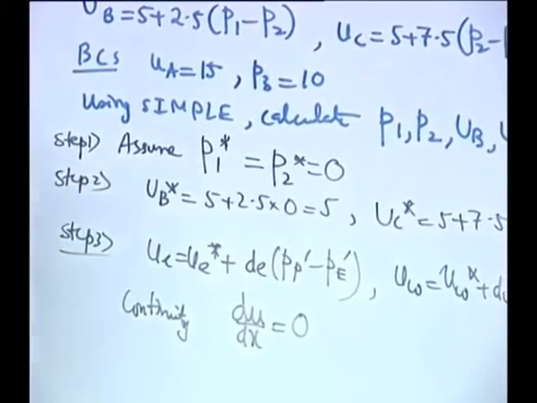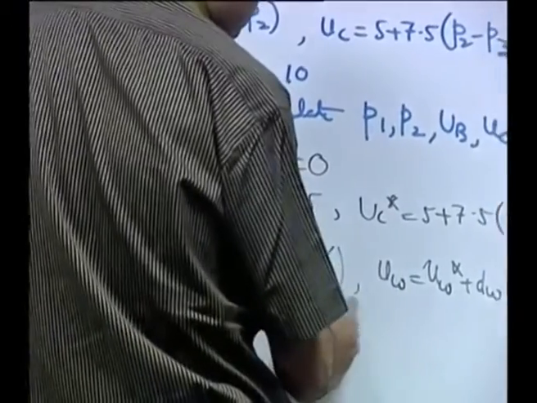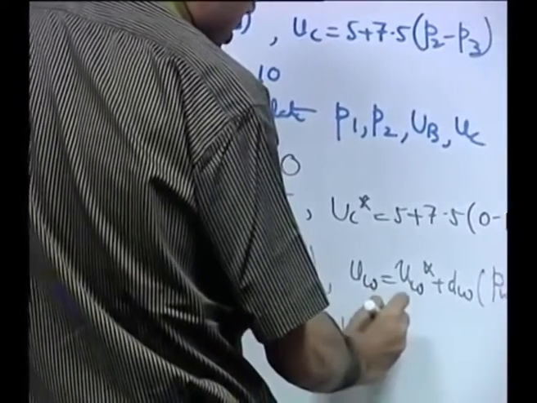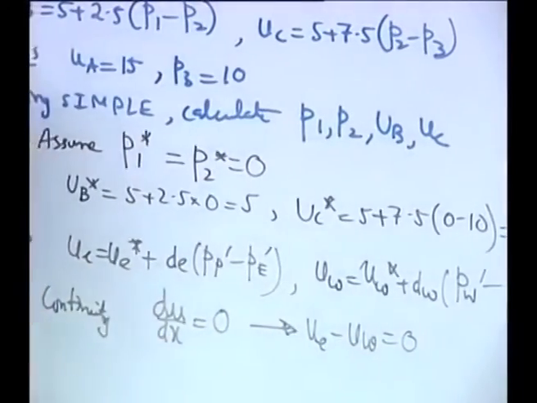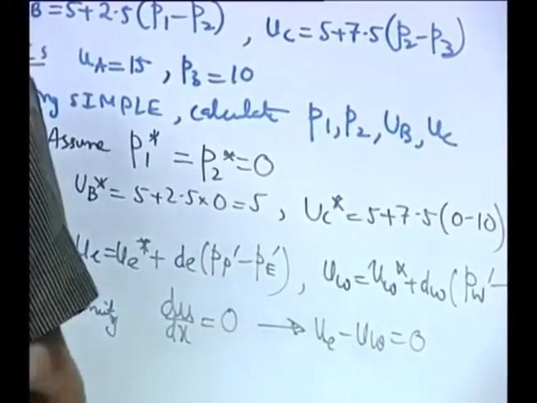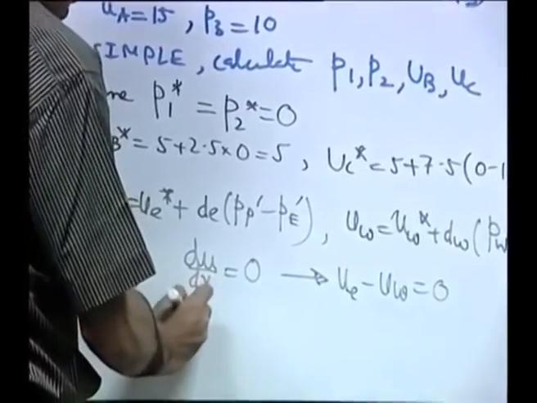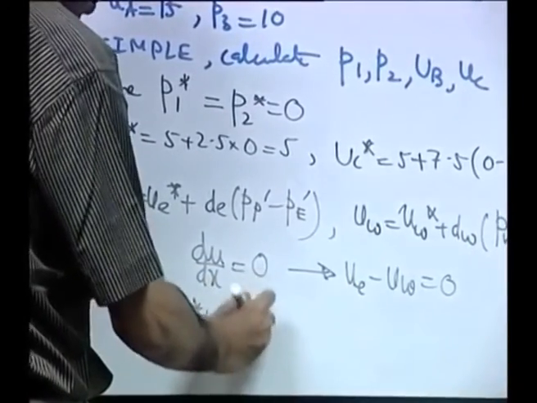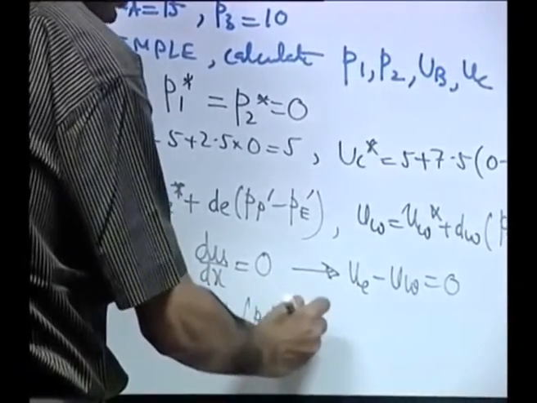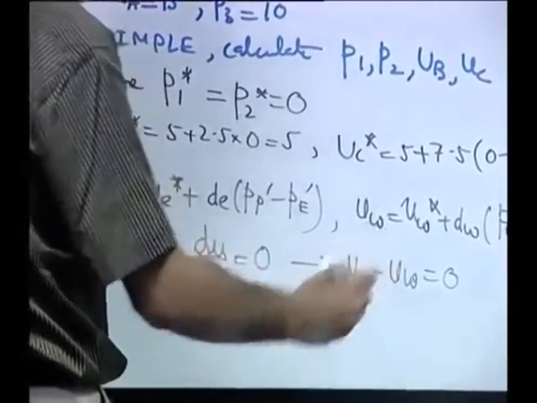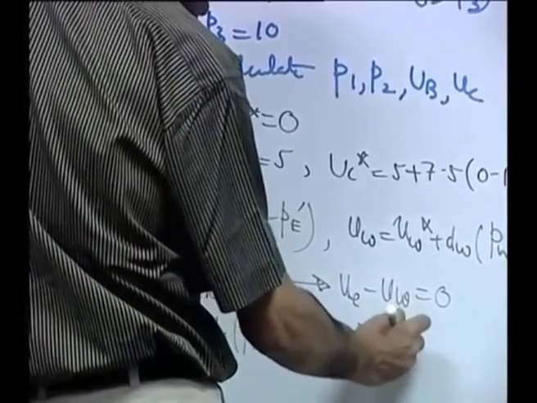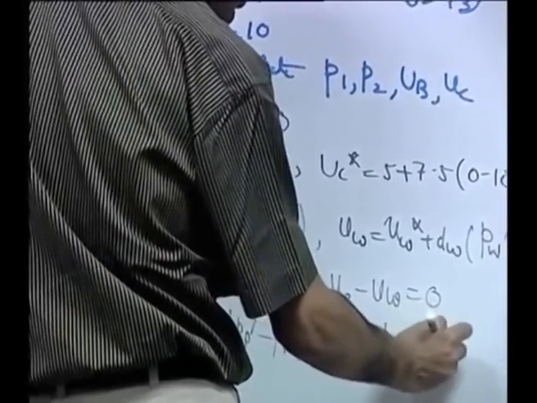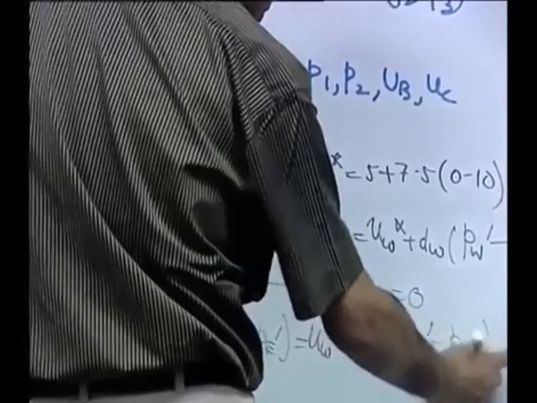If you integrate it with respect to x, you get ue minus uw equal to 0. So, you have ue star plus dE into Pp prime minus Pe prime is equal to uw star plus dW into Pw prime minus Pp prime.